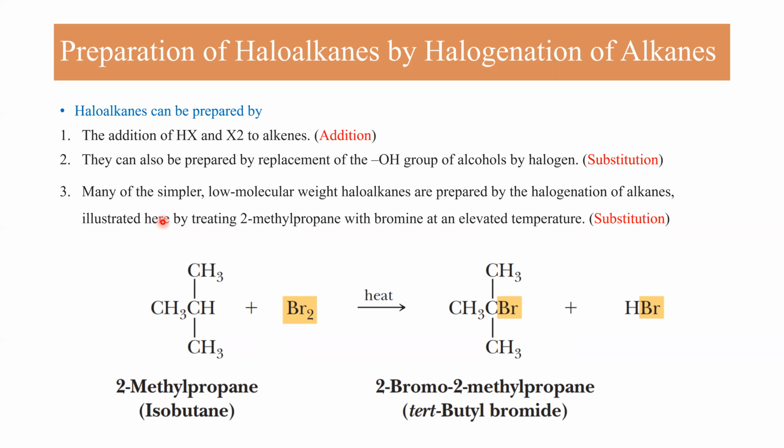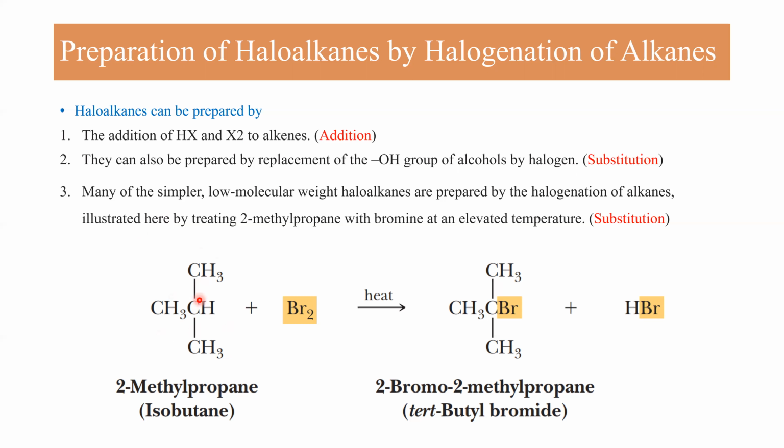So in that context, we are mainly focusing on the preparation of the haloalkane by the third method, by using the alkanes or the hydrocarbons as a starting material for the halogenation and then converting that alkane into the alkyl halide. So here in this example, this is a branched hydrocarbon.